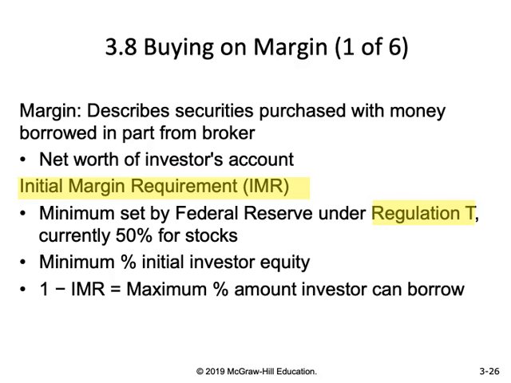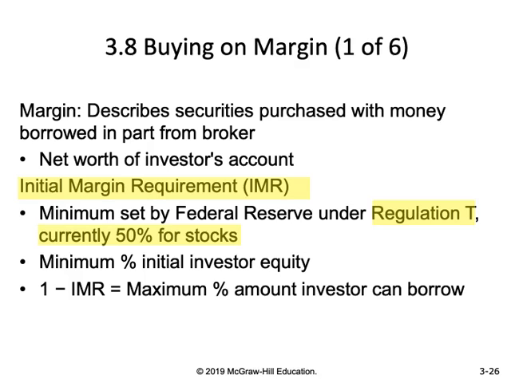Regulation T controls this. The minimum initial margin is still currently, and this slide is correct, 50% for stock. So that means an investor that wants to buy $10,000 worth of stock, if you've got $5,000 in cash in your account, you can buy $10,000 worth of stock. The broker will loan you the other 50%.